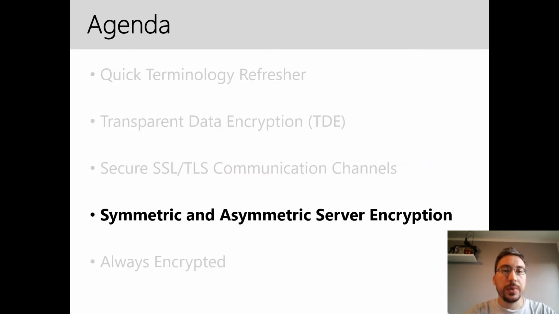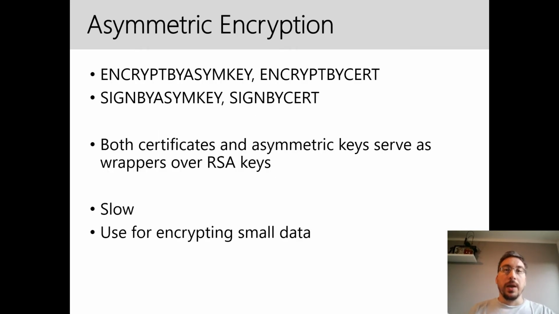So next up, symmetric and asymmetric server encryption. We'll talk about the asymmetric encryption first. We have a few functions in SQL Server called encrypt by asymmetric key, encrypt by certificate, sign by asymmetric key, or sign by certificate. Now, both certificates and asymmetric keys simply serve as wrappers over the RSA keys.